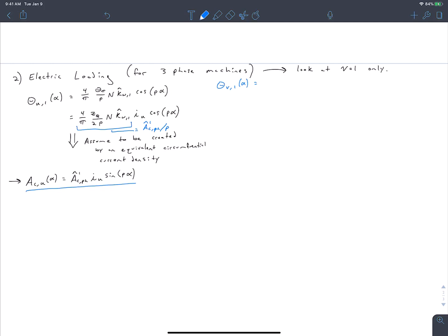That was a result that we derived when we established this equivalent circumferential current density, that the magnitude of the current linkage was the magnitude of our circumferential current density divided by the number of poles. This is a result from a previous lecture that I'm summarizing here. So to save space, I'm going to write the magnitude of our phase V current linkage using that result. And then we can write the same type of expression for phase W.